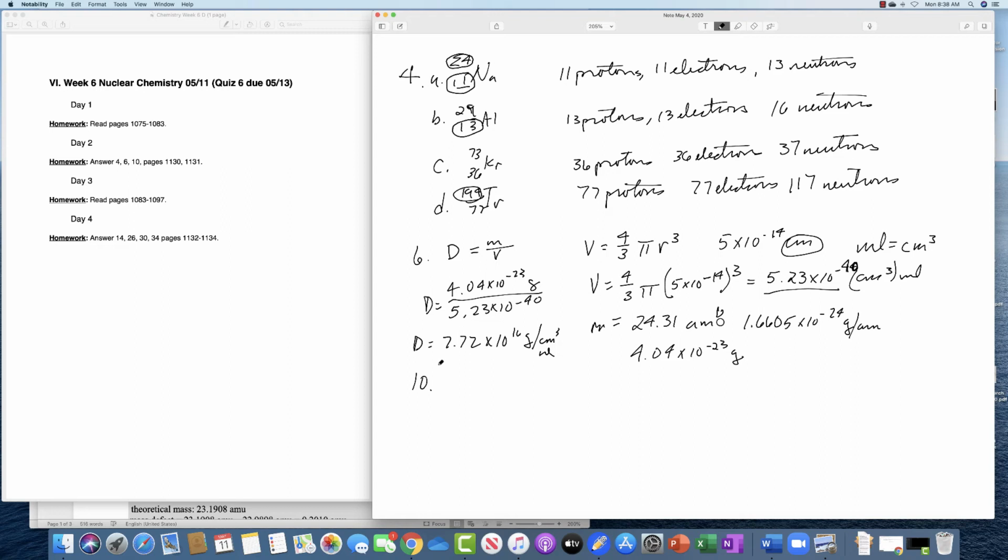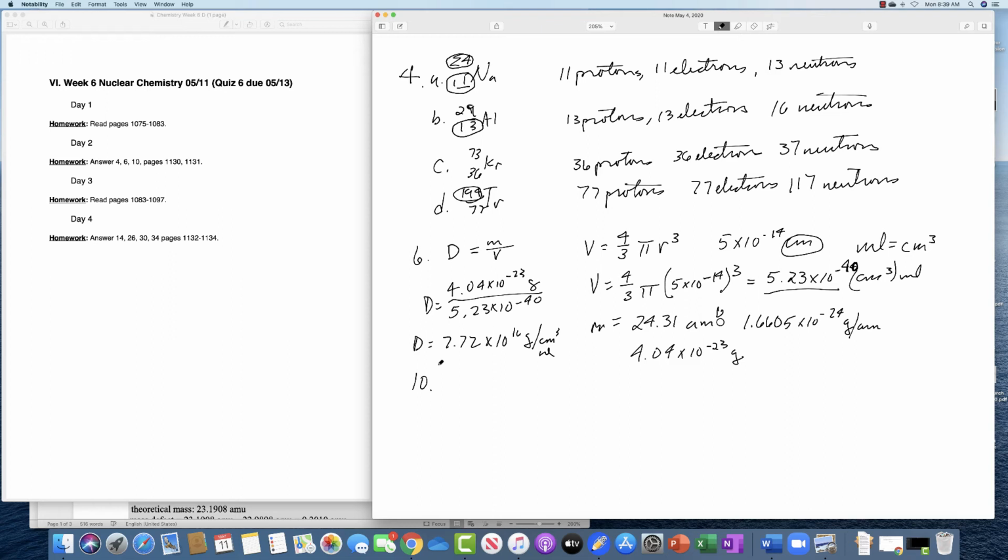So it's 81, 205. So 124 is the number of neutrons. So if you go to 81 and 125, it's going to be close, but it looks to me that it is within the band of stability.